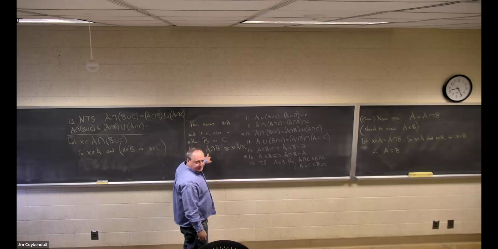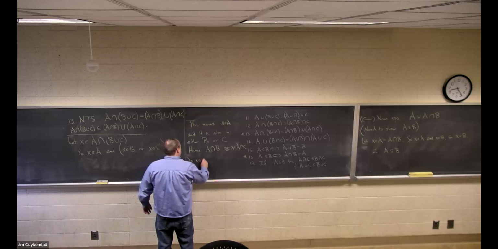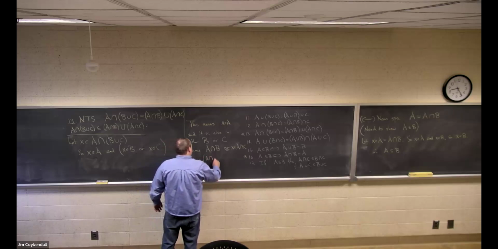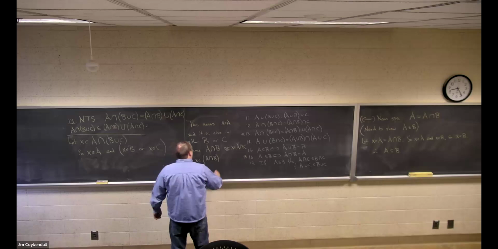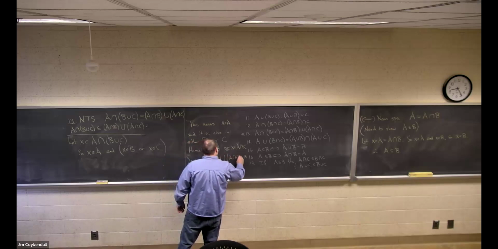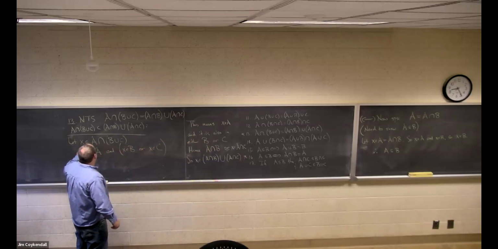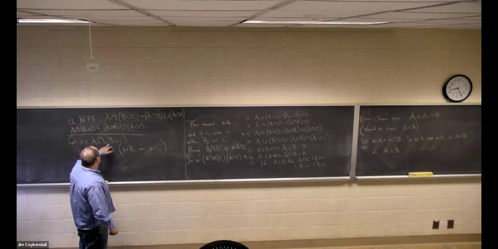And what does this mean? X is in A intersect B, or X is in A intersect C. And there we go. We've logically gone through the sequence of steps.